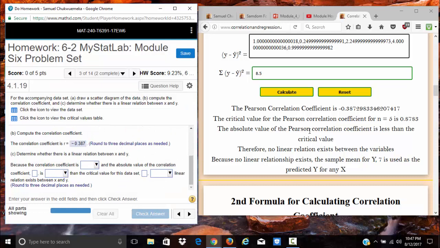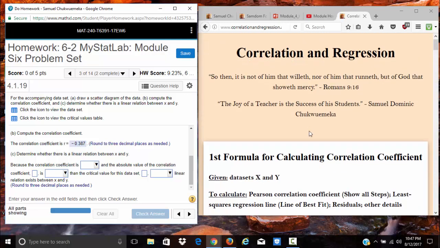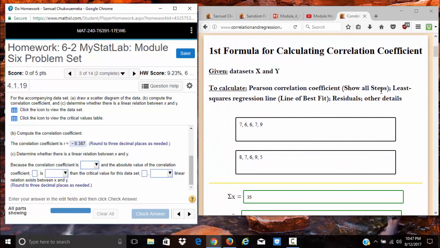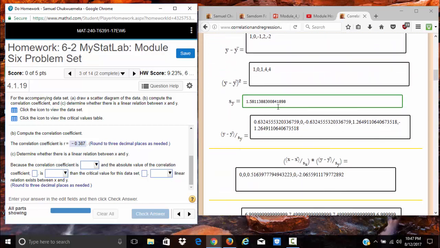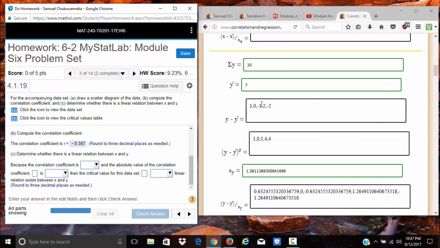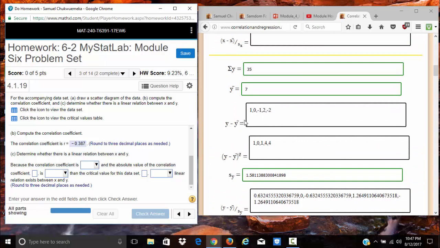That is the nice thing about this calculator. It gives you all the details. It shows you the steps, gives you the least squares regression line as applicable. Least squares regression line is the same thing as the line of best fit. It tells you the residuals and other details as applicable. This is the residual here: observed y minus predicted y.